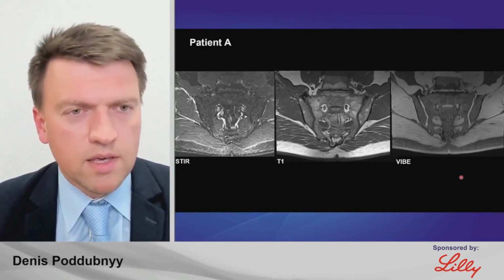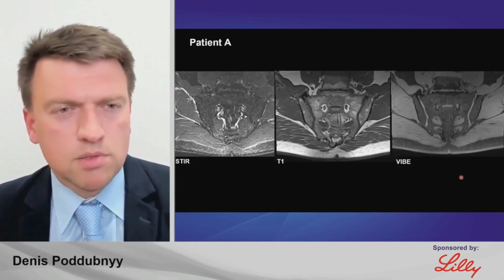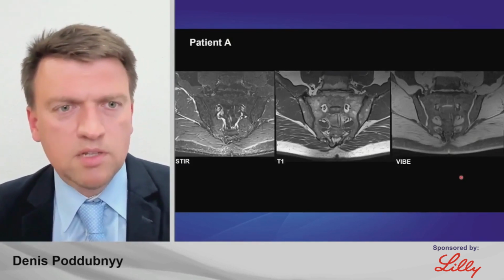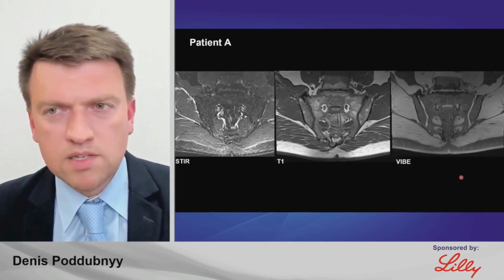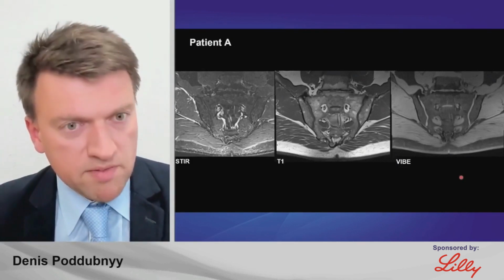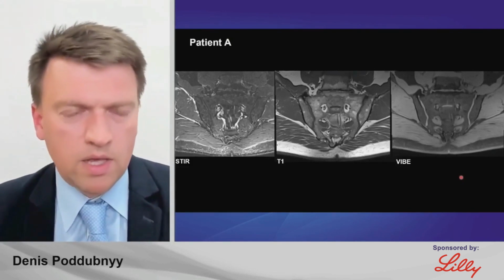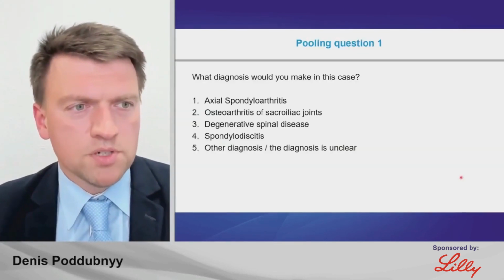What do you think? You remember this is a male patient with a history of uveitis with intermittent inflammatory back pain for several years, B27 positive. So do you think this is axial SPA now? And you have the following options.